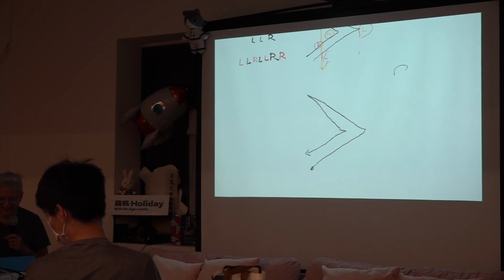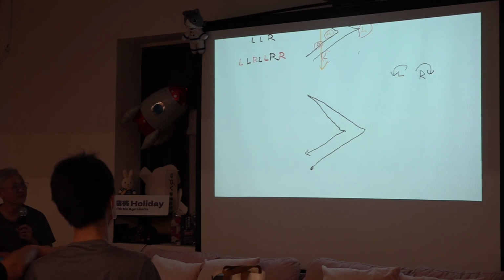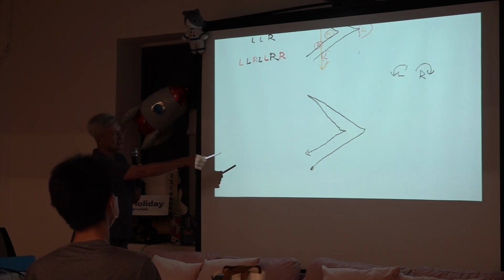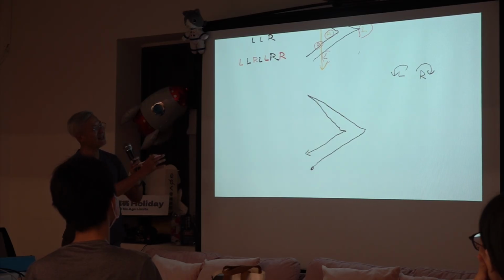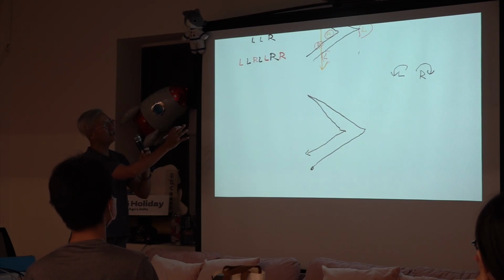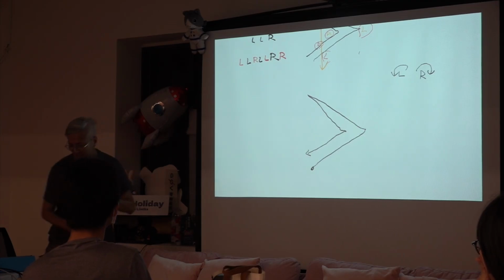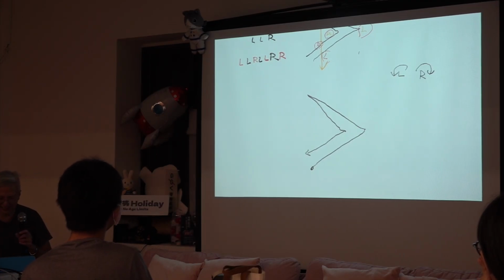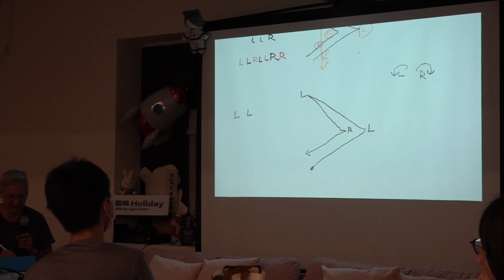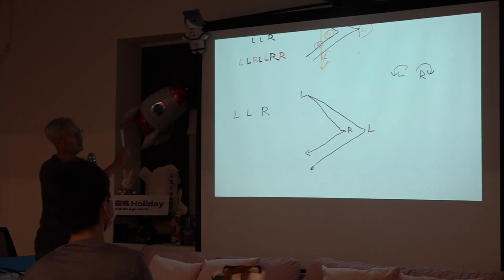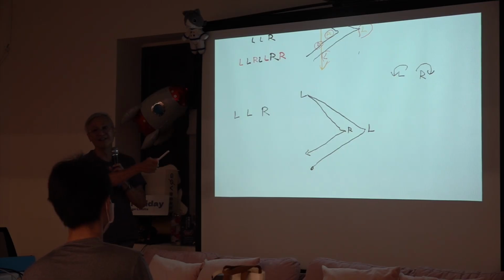And this is a left turn, this is a right turn. So currently, if I unfold, if I turn all the angles to 90 degrees, what do I get? This is an arrow. This is an arrow, and this is an R. So now the current curve I have is LLR.